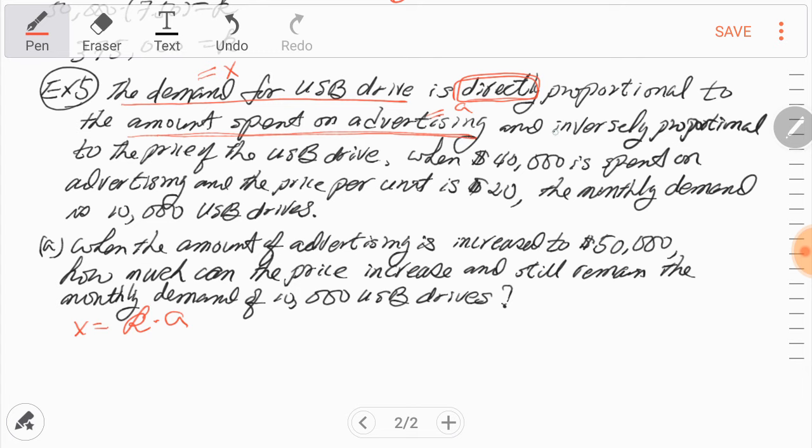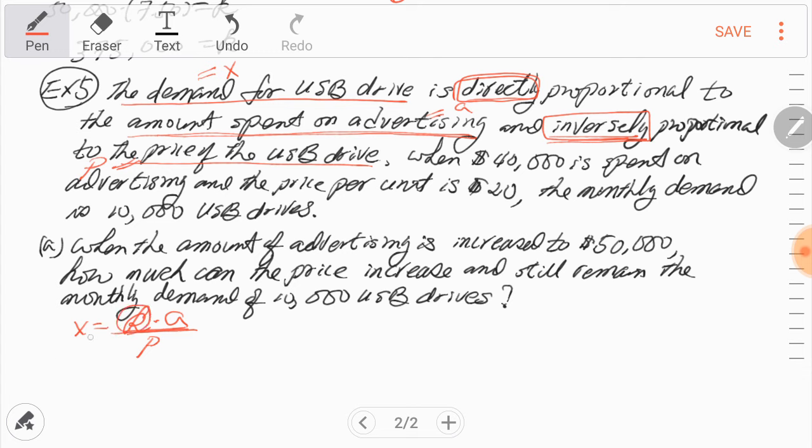Okay, and inversely proportional. Here's an inversely proportional. So we have to divide k, inversely proportional to the price of the USB drive. So the price of the USB drive, let's use P. So we have to divide this k by P. So dividing k means dividing everything by P. So we have an equation like this, and then we have to find k.